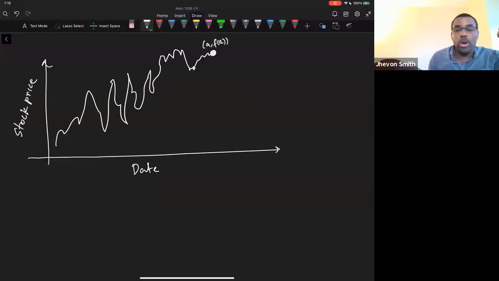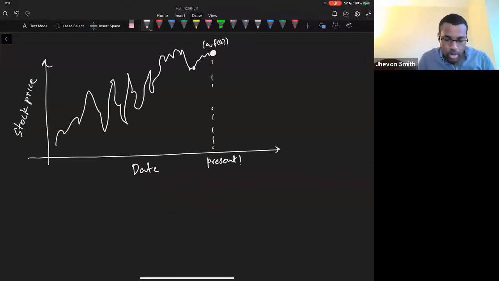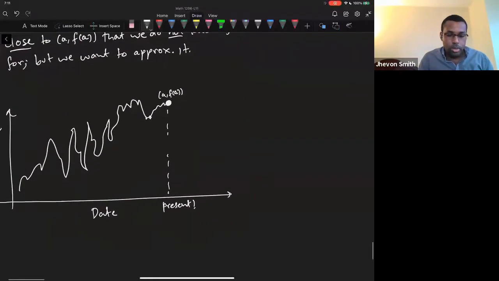Now, we have no idea what this function is, a formula for it, nothing. But let's say this here is the present. Now, how you make money is you need to know the future, essentially. If the stock price goes up, you want to buy it now and then sell it later when it's worth more. If the stock price goes down, you want to short the stock. So whether the stock is going up or down and you making a bet on that is what's going to make or lose you money.